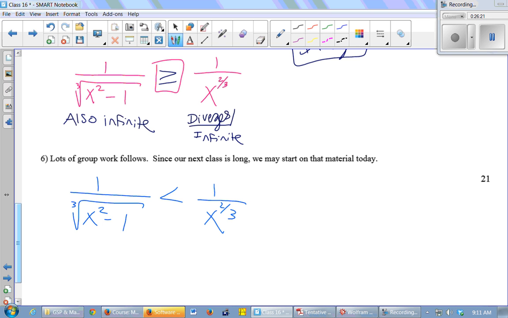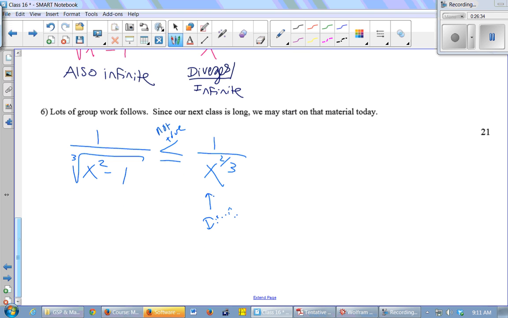If we thought that were the relationship, and I know this guy diverges, which means it's infinite, then the area under this curve is infinite, so the area under this curve is going to be less than that because this is a smaller function.